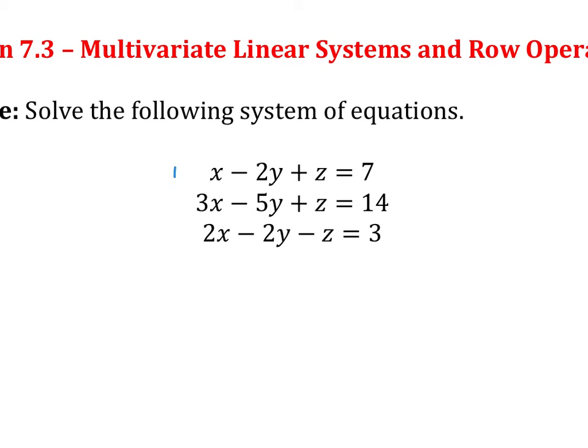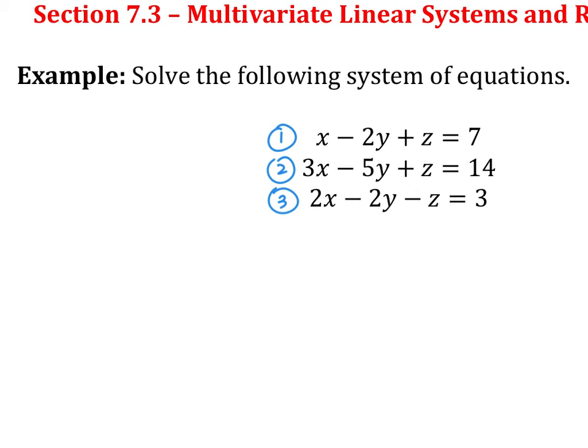So first I'm going to number these equations so it's easier for us to talk about them. I'm going to eliminate z, and to do that I'm going to add two equations together to get rid of z, using the elimination method.